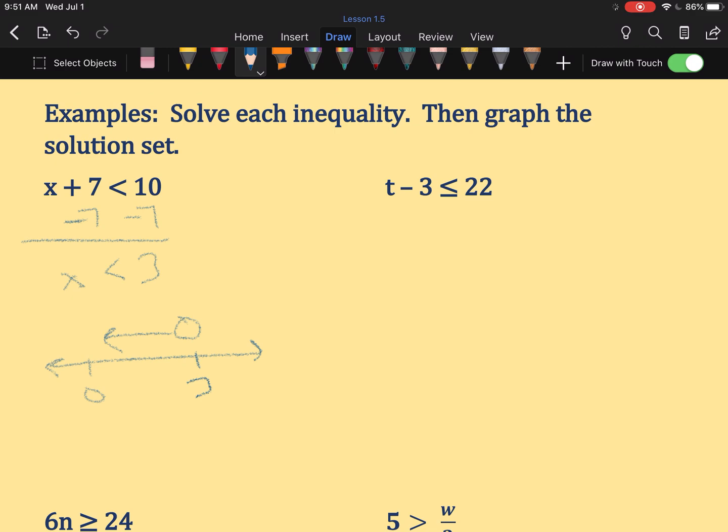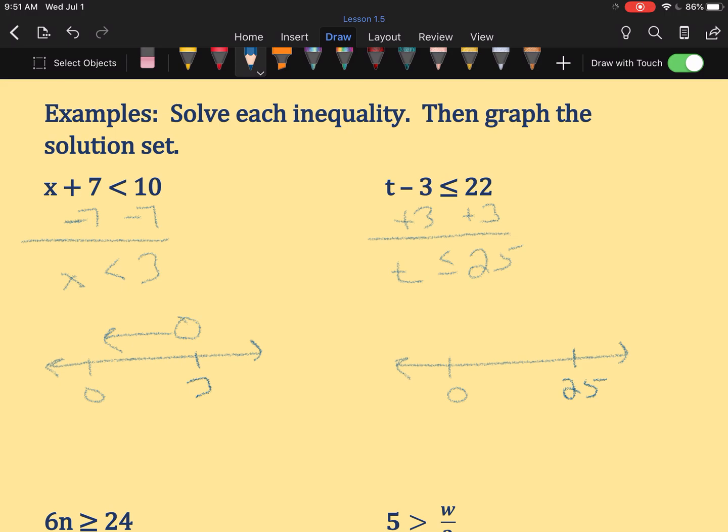t minus 3 is less than or equal to 22. Okay, well, I see subtraction, so I'm going to add to solve. That gets me t is less than or equal to 25. This is why I do my number lines the way I do. I need 0 and I need 25. I don't need you to spend 3 minutes labeling 1, 2, 3, 4, 5, and so on up to 24.